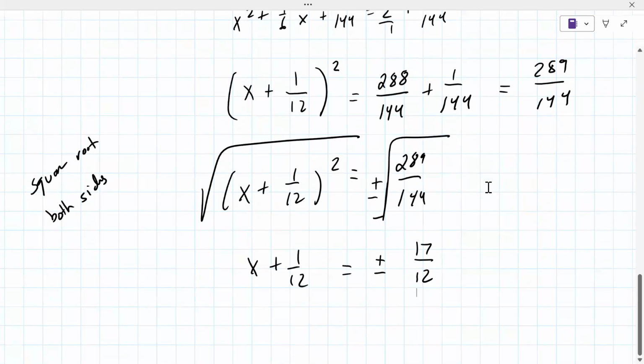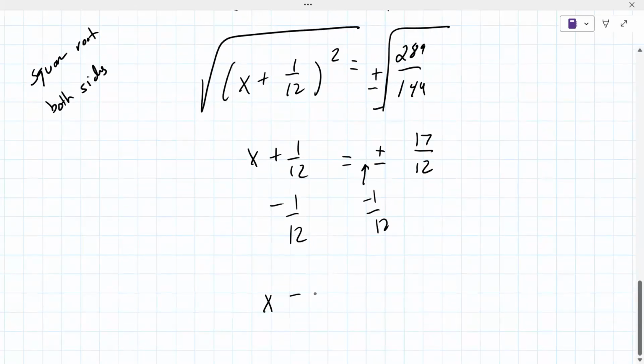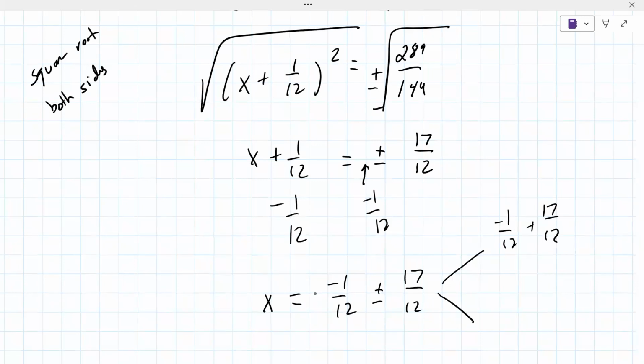These are carefully chosen to work out, so don't be surprised that they do. And then you subtract 1/12 from both sides. I always prefer to put that in front. That way it's easier to do the calculation and you don't miss the sign. So it's negative 1/12 plus 17 over 12, and negative 1/12 minus 17 over 12.